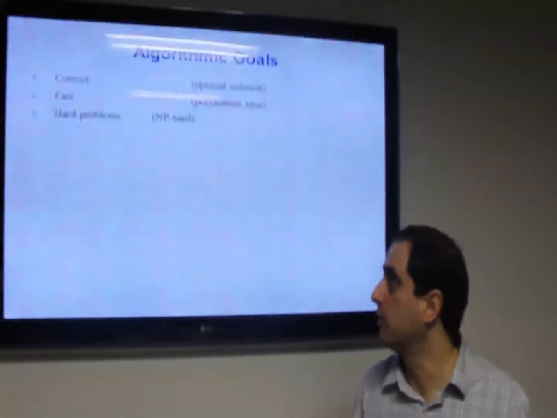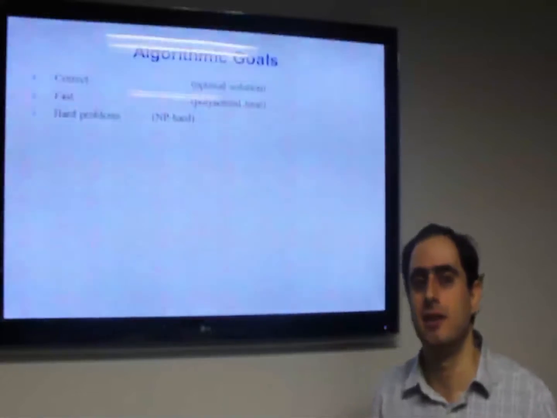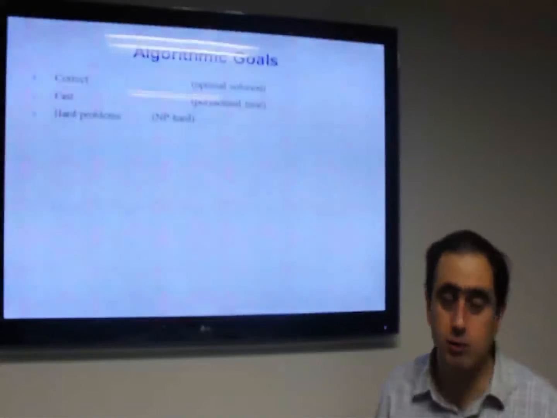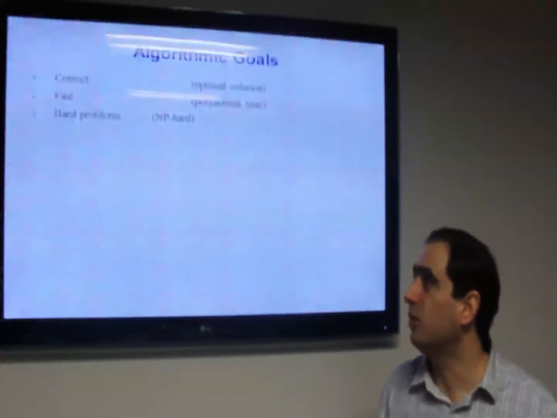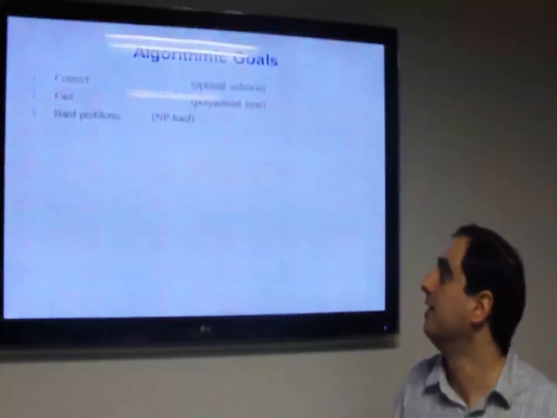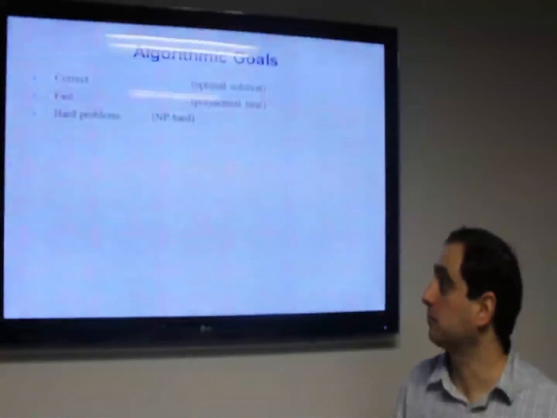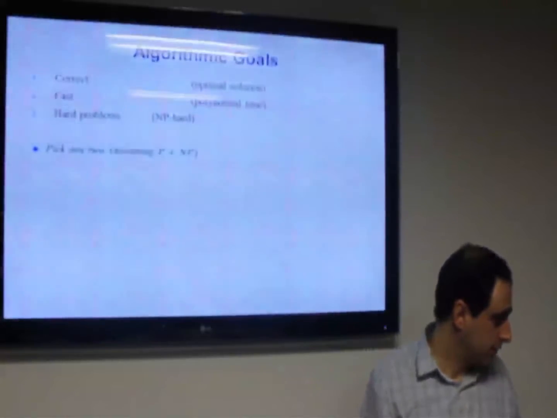For these problems, we cannot solve them in polynomial time unless P is equal to NP. That we don't expect to happen, at least soon, if ever. So these are the three goals that we have.